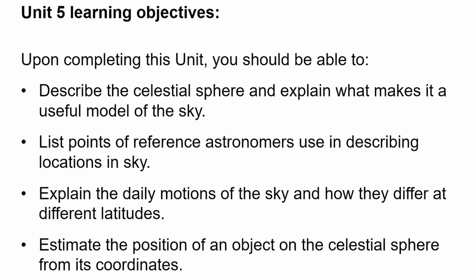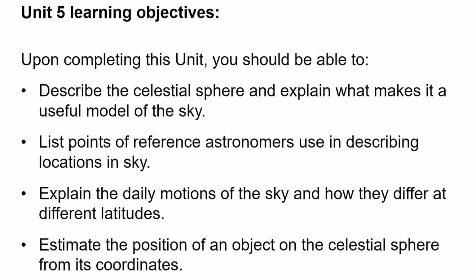Is there something to stop this? It's kind of annoying. Okay, I think that's the one. Good. Anyway, so explain the daily motion of the sky, and estimate the position of objects on the celestial sphere. So we're going to be learning that.